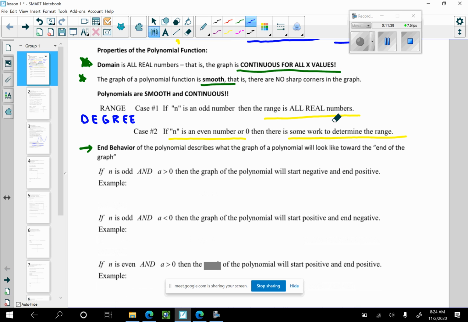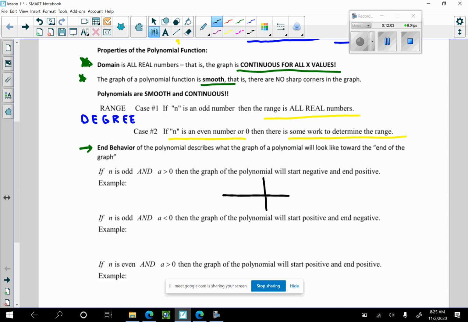If n is odd, if the degree is odd, and a is positive, if the leading coefficient is positive, then the graph of the polynomial will start negative and end positive. Here is an example, and I'm going to do a little example for each one of these. I'm going to do the graphs in green. The graph starts negative, and we don't know what happens, but it's going to end positive.